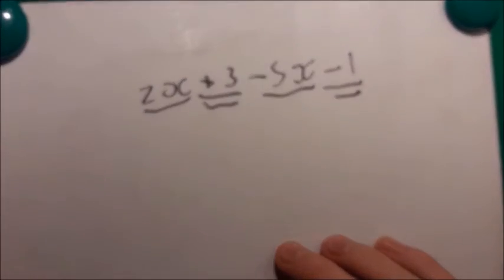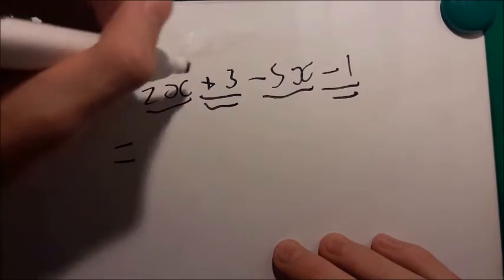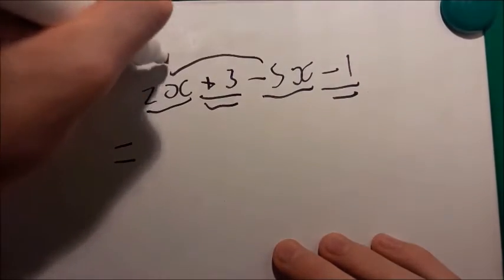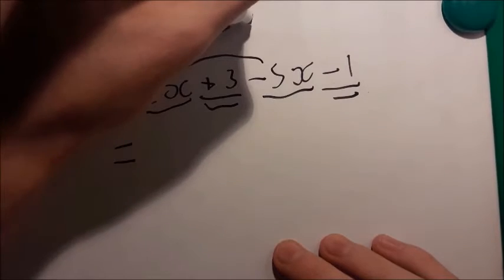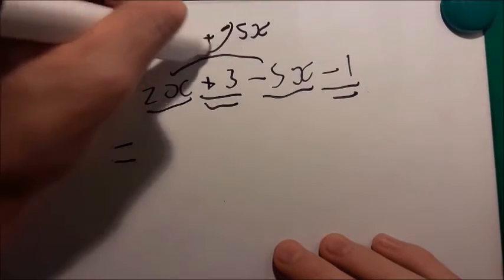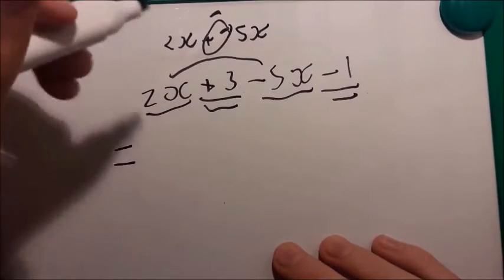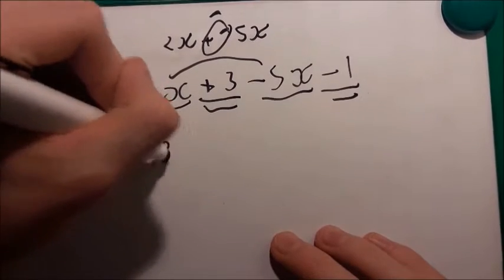Now if we were to simplify that, we have to add these two, so 2x plus minus 5x, which is basically just saying minus 5x. 2 minus 5 is equal to negative 3x.